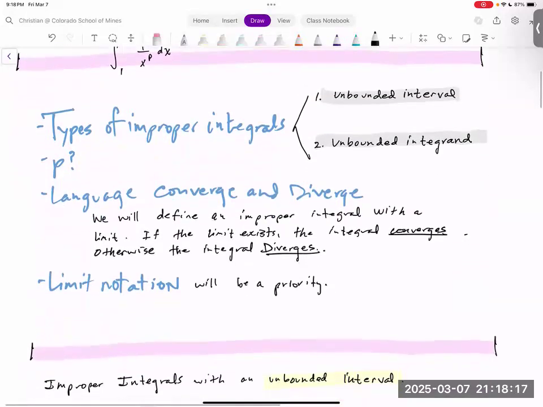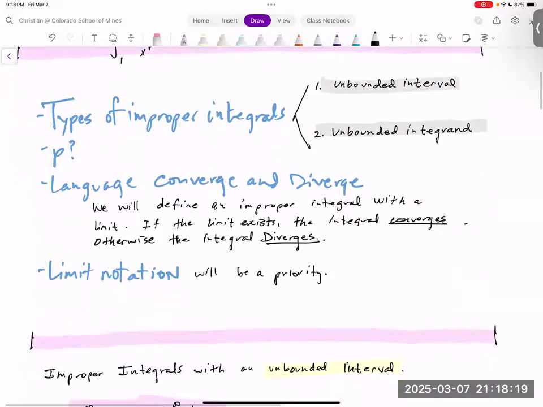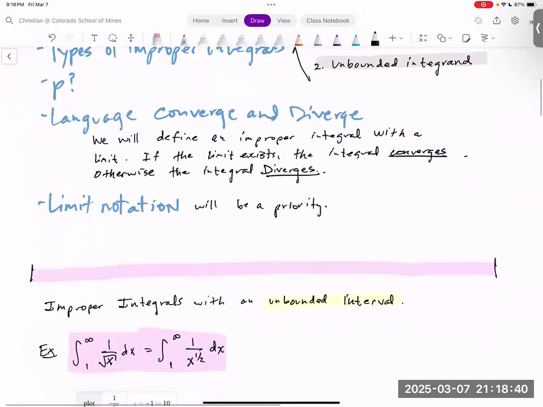So we'll look at those p integrals and use language about converge or diverge. Namely, we're going to define an improper integral with a limit. If that limit exists, then that integral will be said to converge. Otherwise, the integral will diverge when the limit does not exist. And limit notation is going to be a thing.